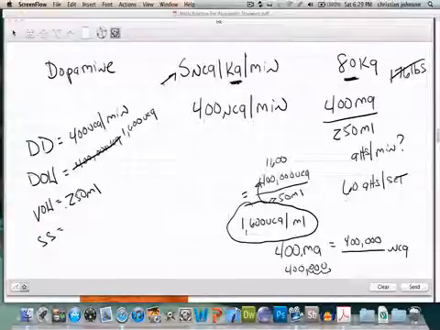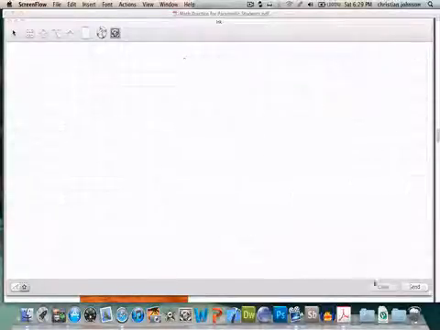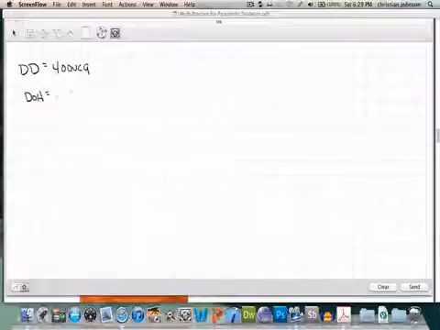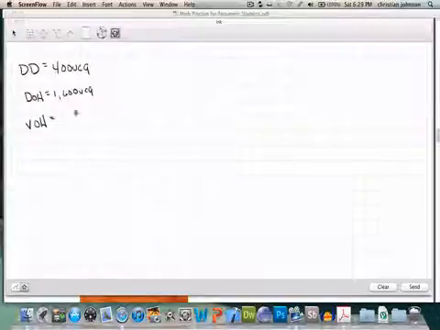I'm going to do a new screen here to consolidate everything. My desired dose is 400 mics. My dose on hand is 1,600 mics, and my volume on hand is my 250 mLs.